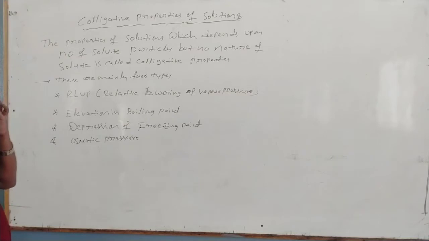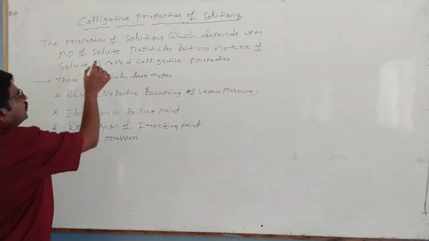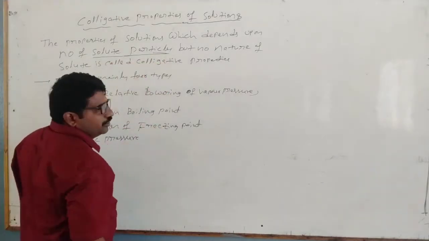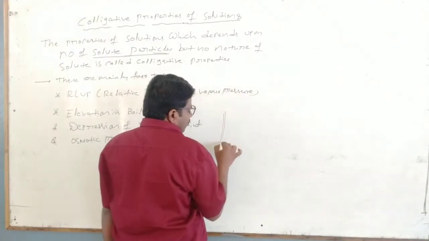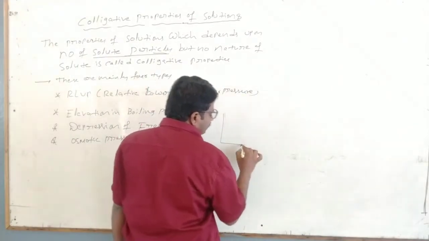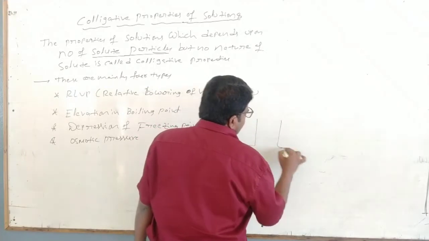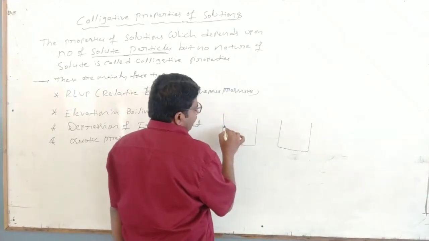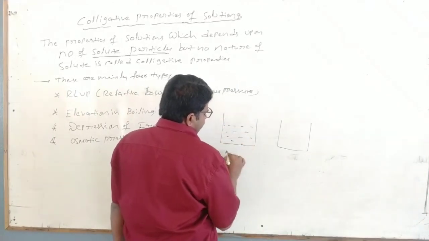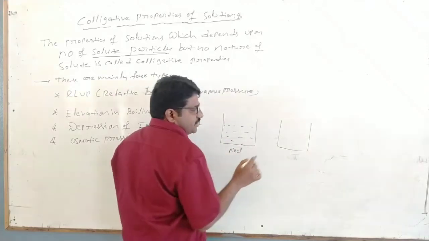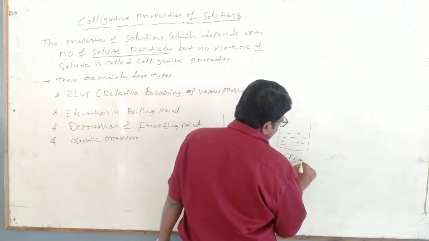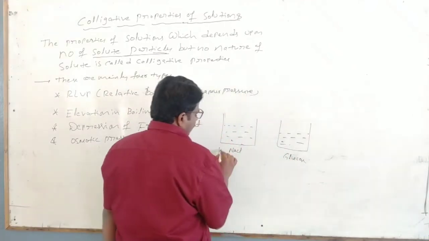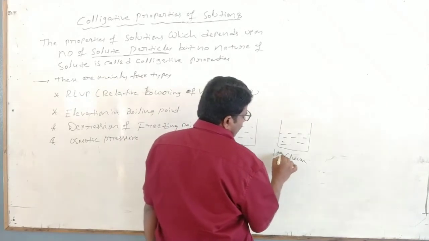So what does colligative property mean? It is the property of solutions which depends upon the number of solute particles. For example, if you take two beakers, one containing NaCl electrolytic solution and another containing glucose, this is 1 molar and this is 1 molar.